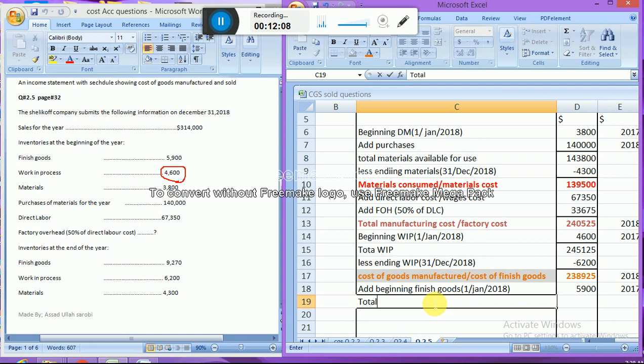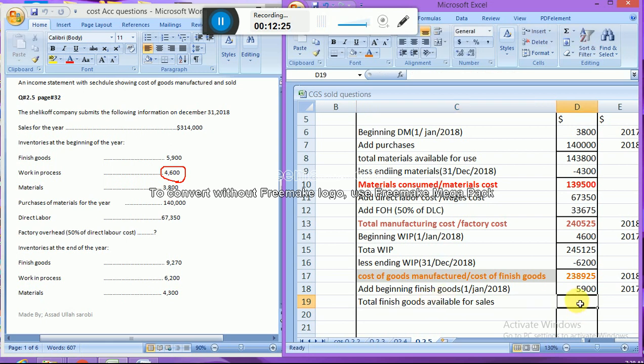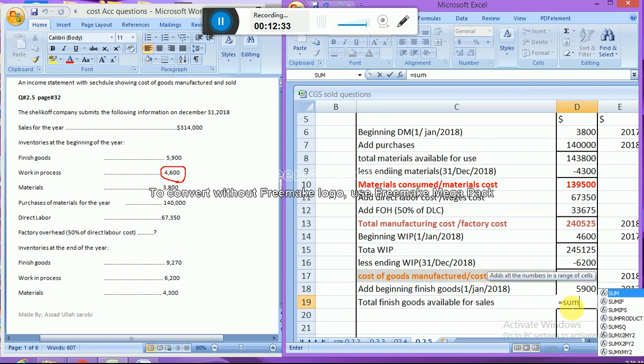So total finished goods available for sale. And now for sales, how much finished goods do we have? So we will add these two, the 2017 finished goods remaining plus the 2018 current production.